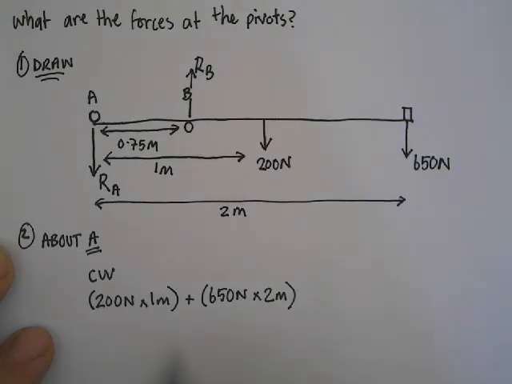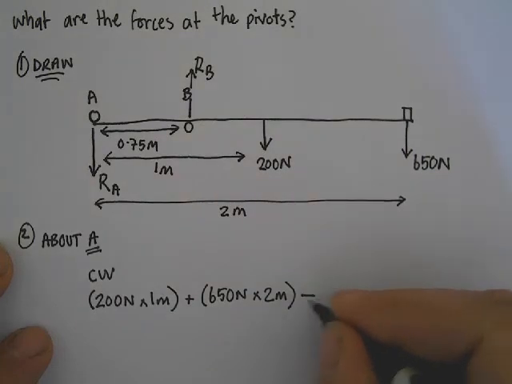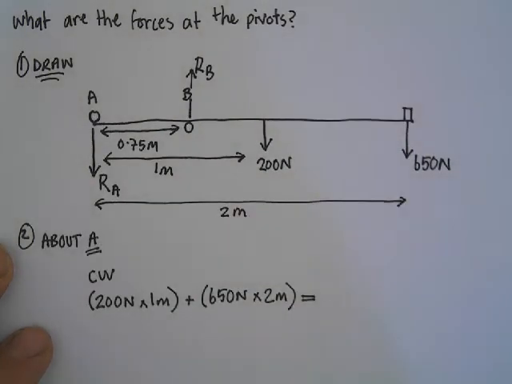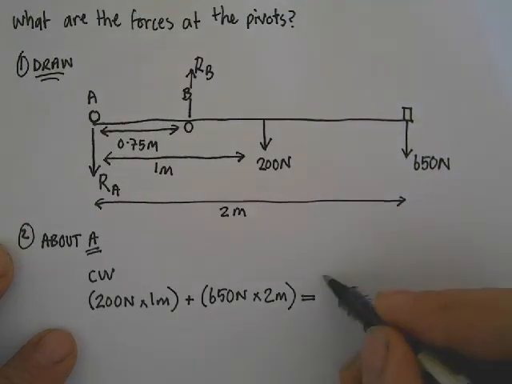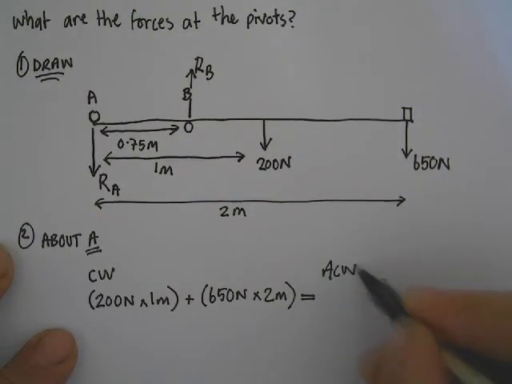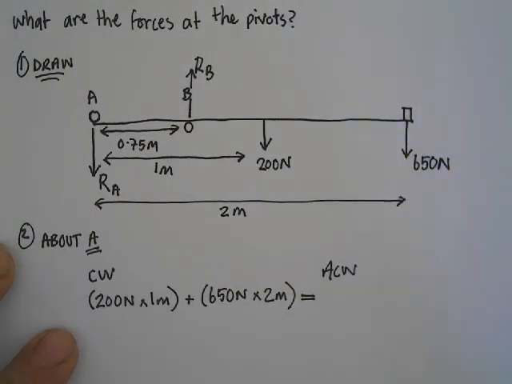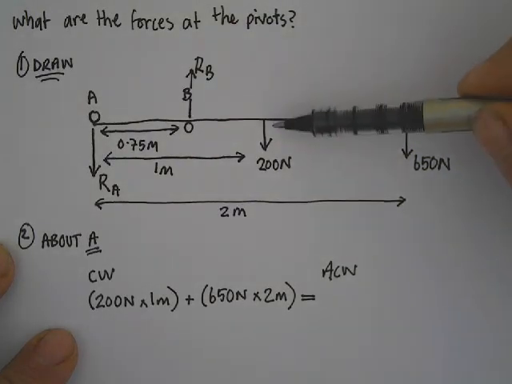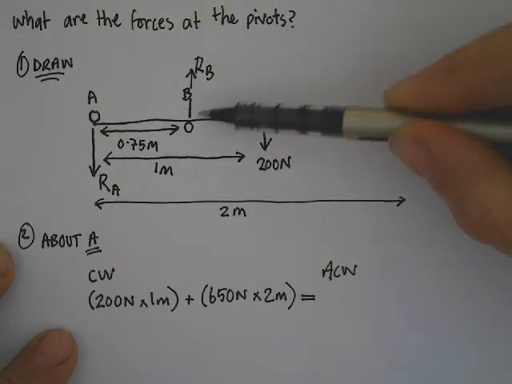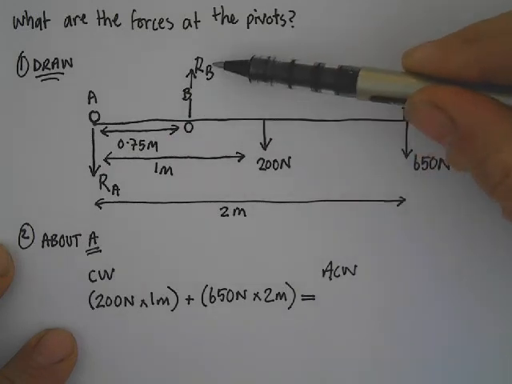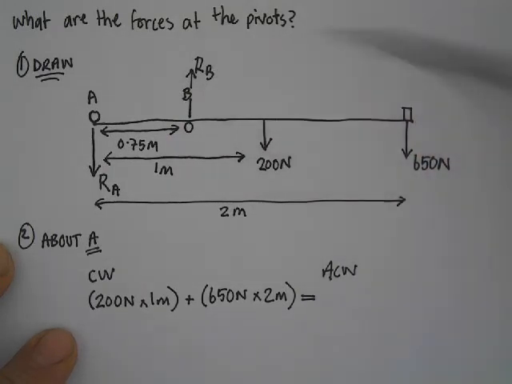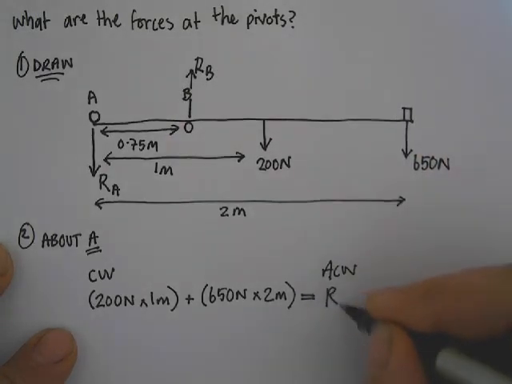I obviously wouldn't always put the units in this calculation, but I'm just using that for this demonstration. Okay, and by the principle of moments, if this is in equilibrium, all of this will equal the anti-clockwise moments. The only thing going anti-clockwise is this force RB.